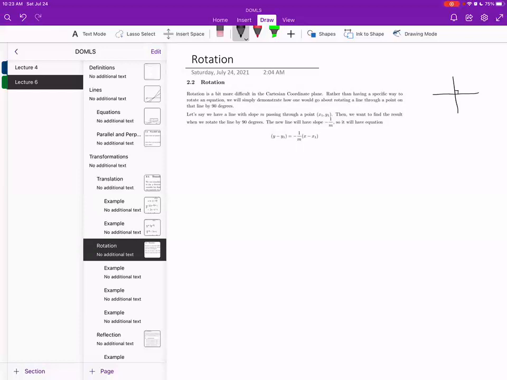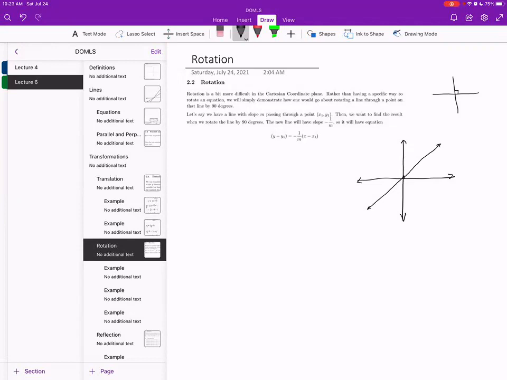To rotate by 90 degrees, let's say we have our coordinate plane and we have some line. For simplicity, I'm just going to draw it through the origin, or that's not through the origin, but that's pretty close. And let's say we want to rotate it by 90 degrees through the origin.